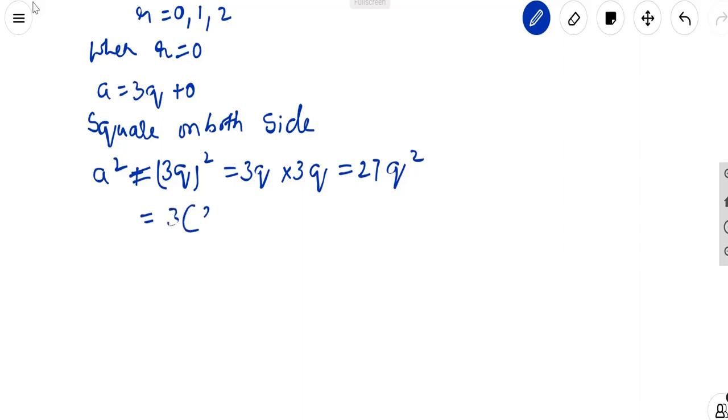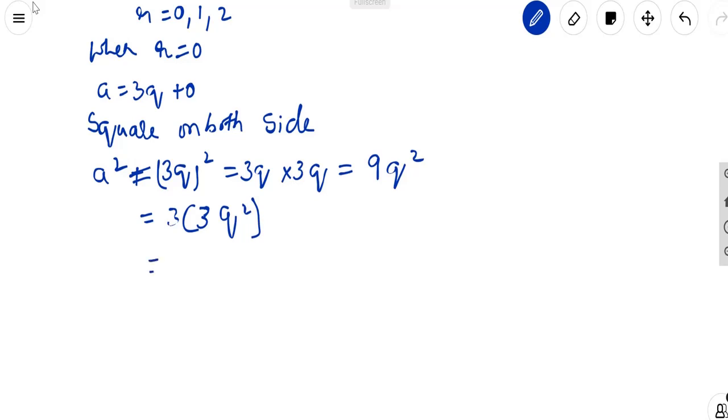I will take 3 common here. So 3 3s are 9. Okay, so 3 3s are 9. So if I take 3 common here, this becomes 3q square.